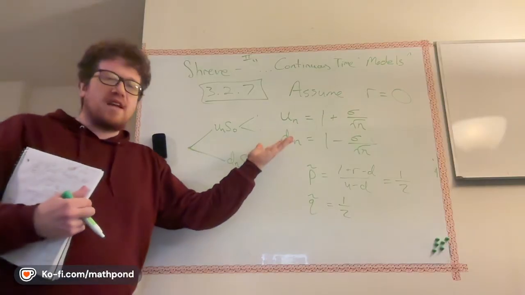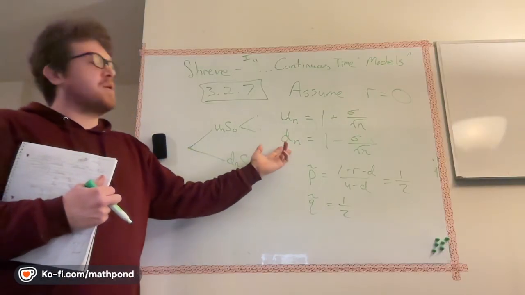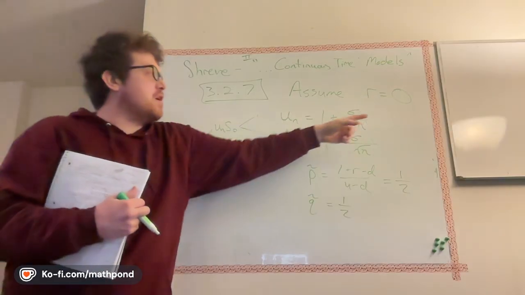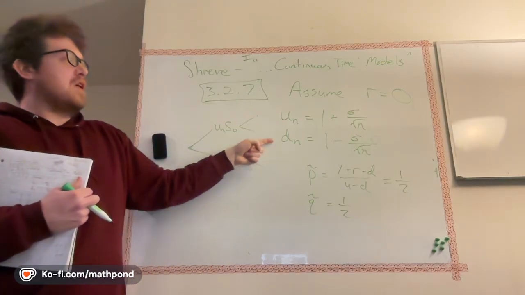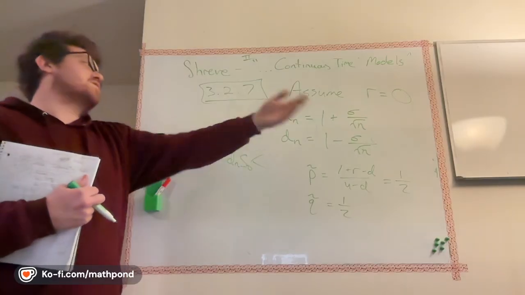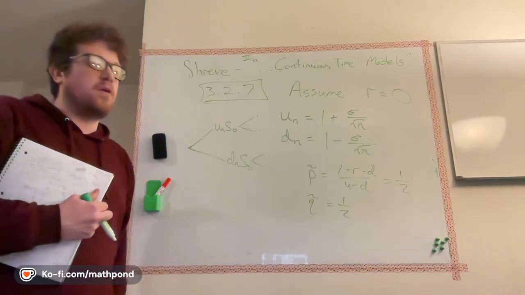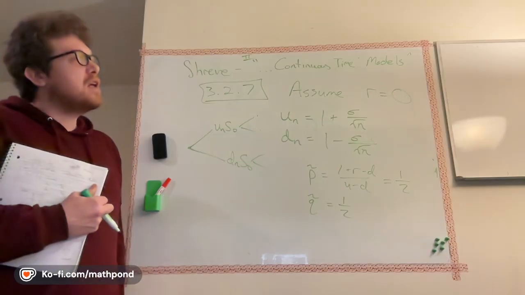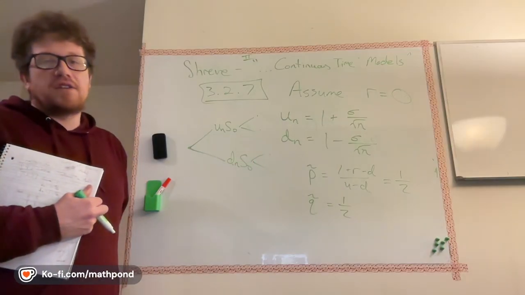So basically we're setting up this particular model, but I think you can actually prove that when r is not 0 and you have different u's and d's, this same theorem holds. You just might have a different mean and standard deviation for the result.